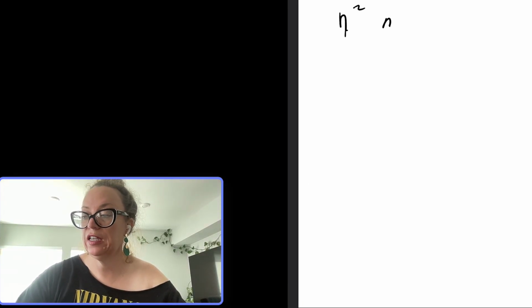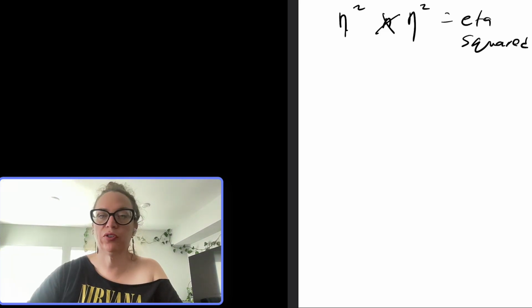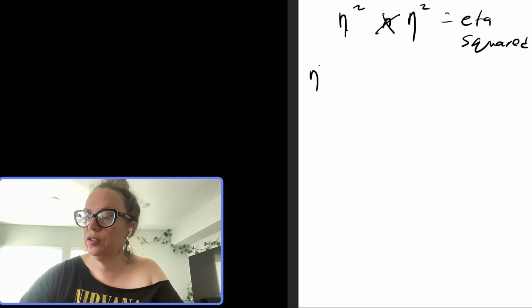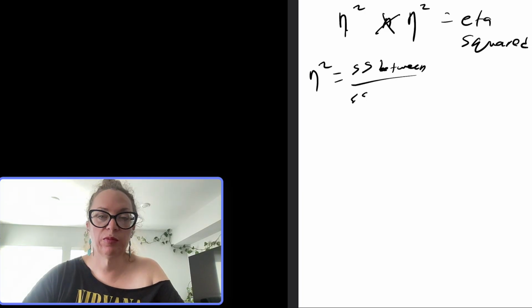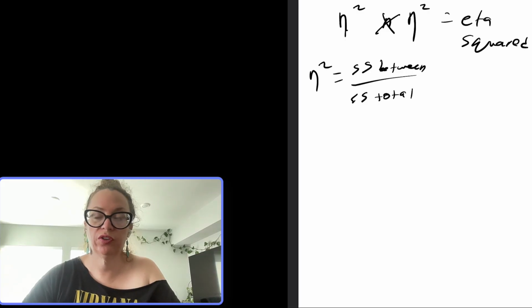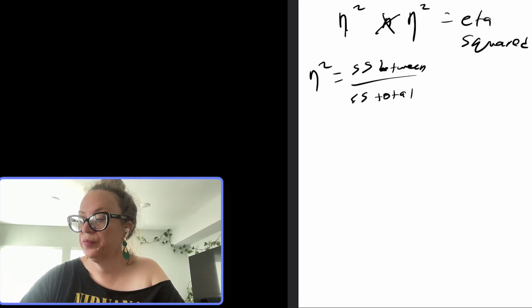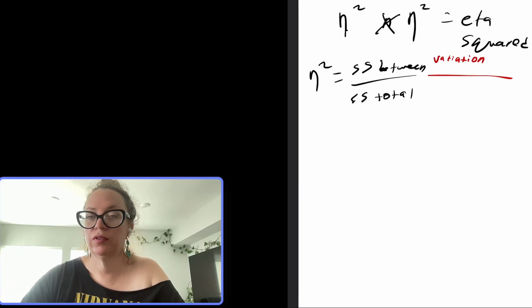Okay, so it's not an n, it's an eta. So eta squared is really easy to calculate. Eta squared equals the sum of squares between over the sum of squares total. Okay, so the SS between is, let's do it this way, the variation explained by the groups.